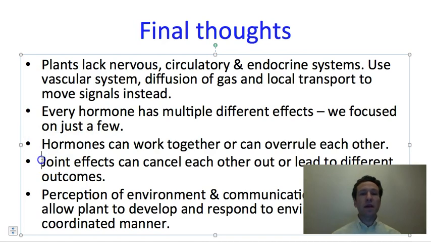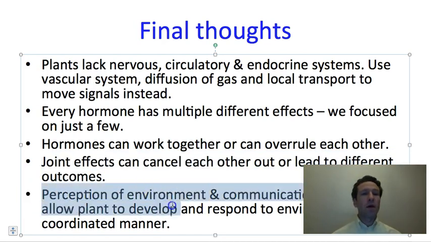Along those lines, joint effects of hormones can cancel each other out, or they can sometimes lead to entirely different outcomes, where one hormone does one thing, another hormone does something else, but the two together do an entirely different third thing.